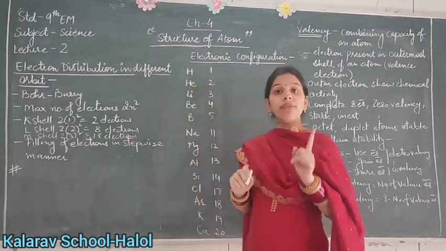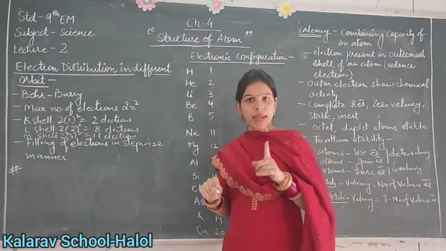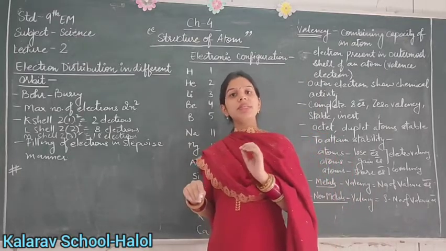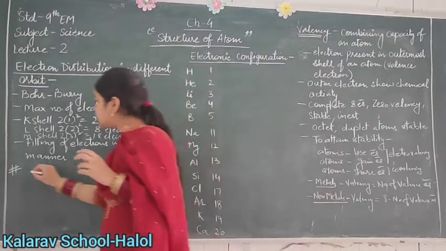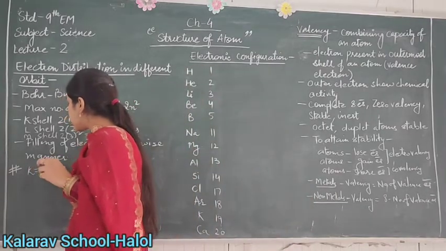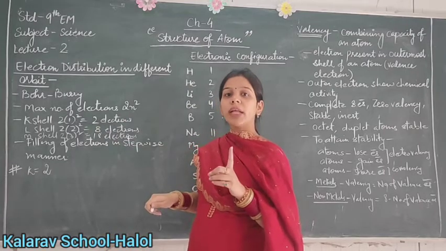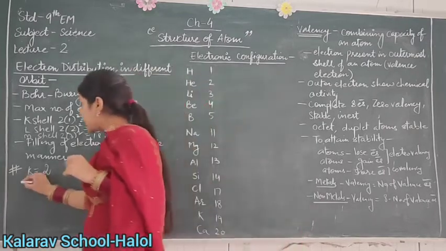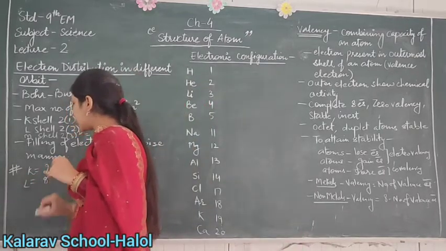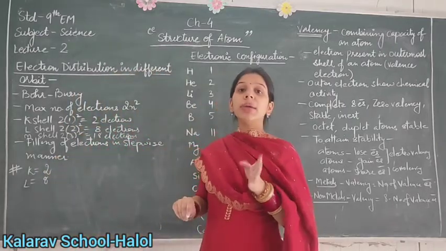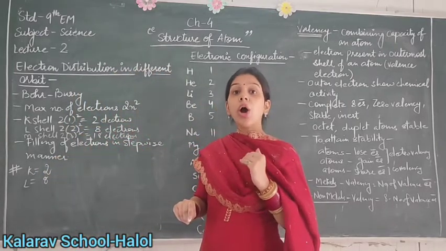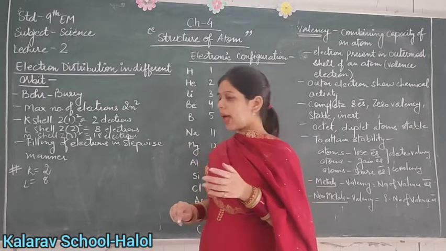So if the K shell of an atom is filled, what does it mean? K has 2 electrons. If the L shell of an atom is filled, what does it mean? L has 8. What is the atomic number of that element, or how many electrons does that element have?